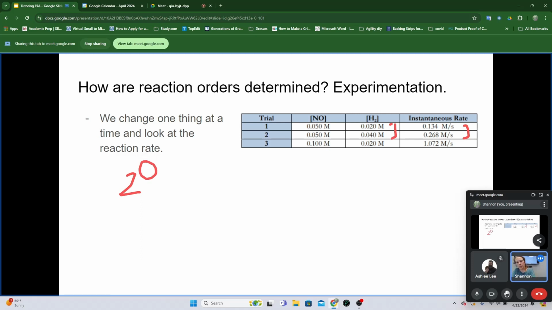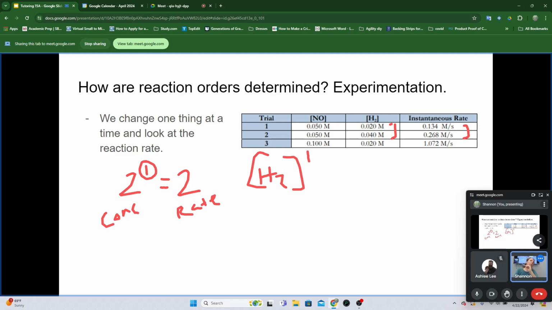So here is the concentration change, and here's the rate change. Concentration doubled, rate doubled. So 2 to the what power equals 2? 1. So my H2 order is 1.